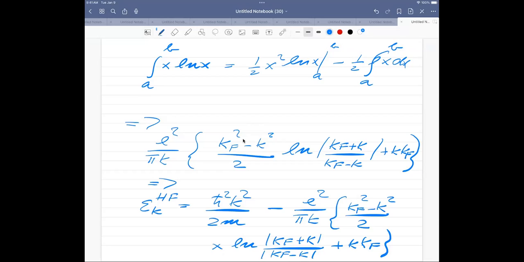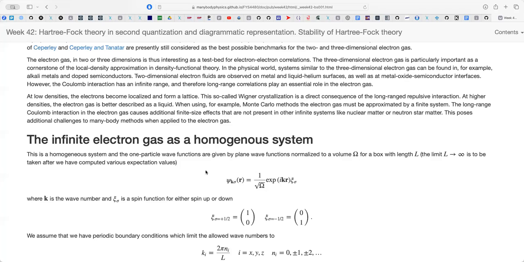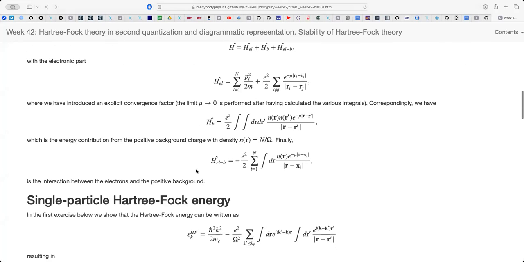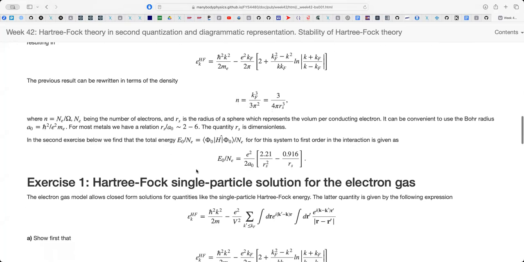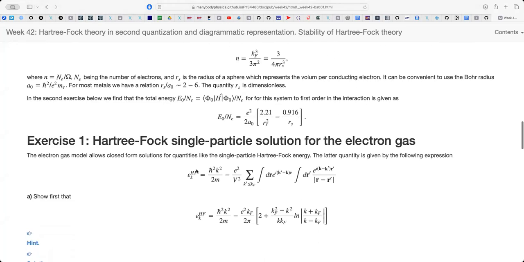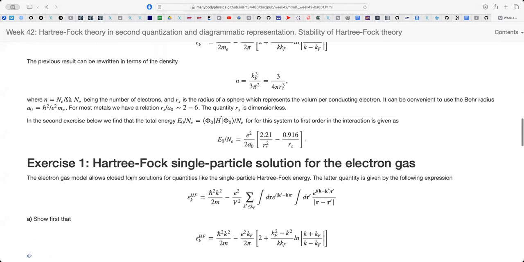So let me bring quickly up the slides, and then next week we are going to look at the derivation of these terms in more detail. So the calculations which we went through here are also calculations which you will find in the exercises here. And if you click on solution here, you will actually find it.